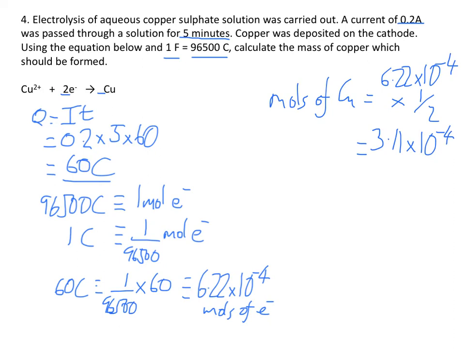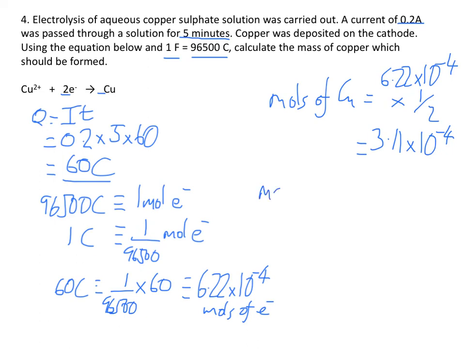So here are your moles of copper, and the icing on the cake, calculate the mass. Well, you've got the moles, so now turn that into mass. So use the triangle that we've used all the way through. Moles equals mass over RFM, or molecular mass.